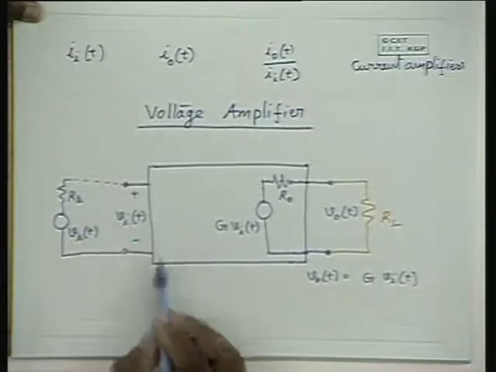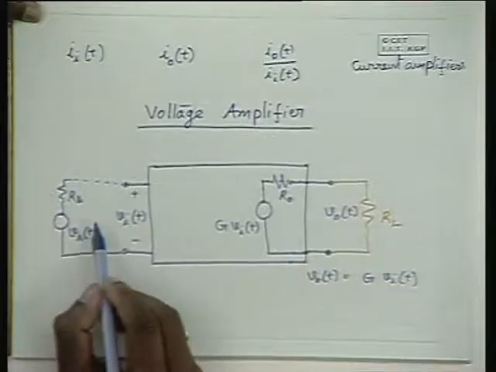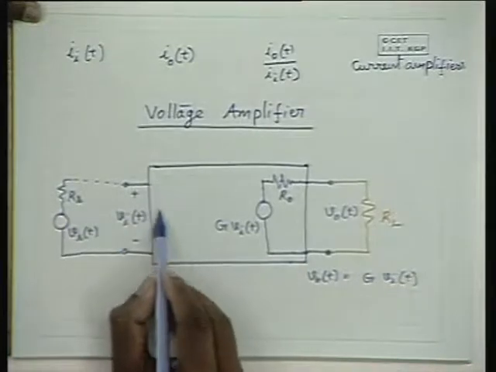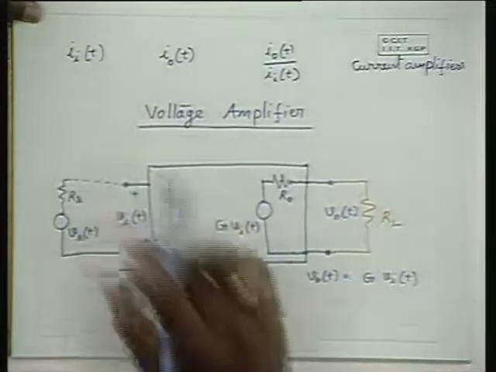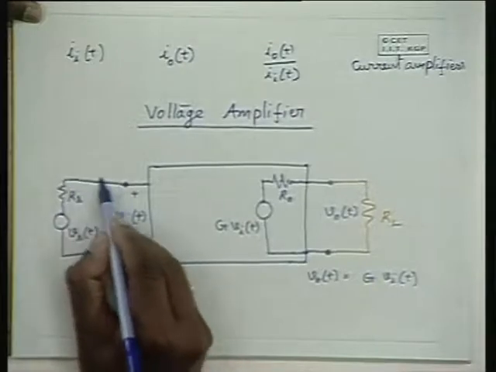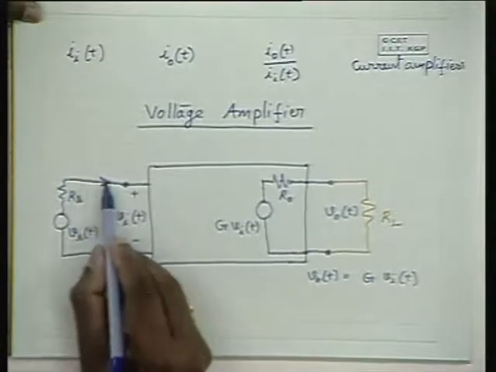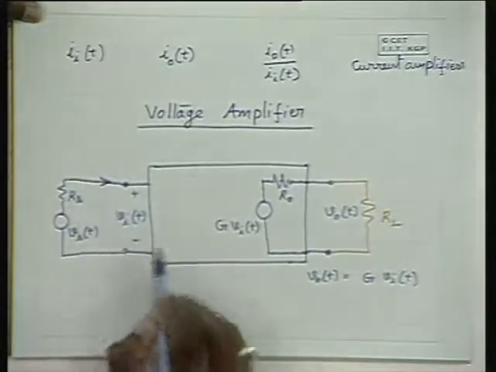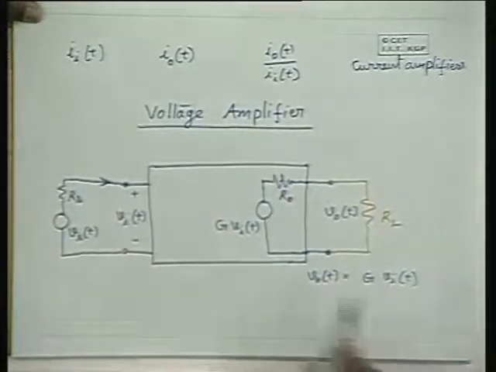Not really, because the amplifier loads the voltage source. It acts like some resistance connected to the source, so it draws some current from the voltage source, and because of this current drawing, VIT is going to be smaller than VST because of the equivalent series resistance.